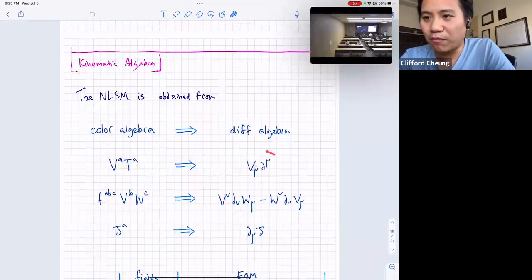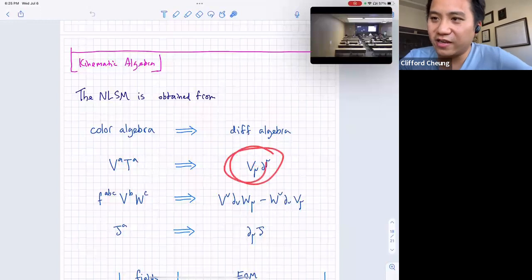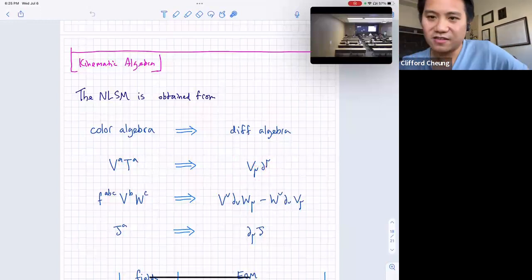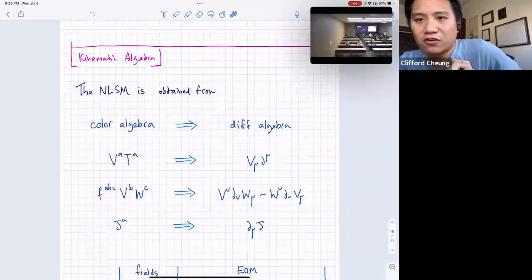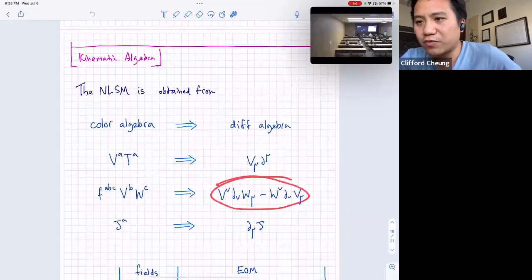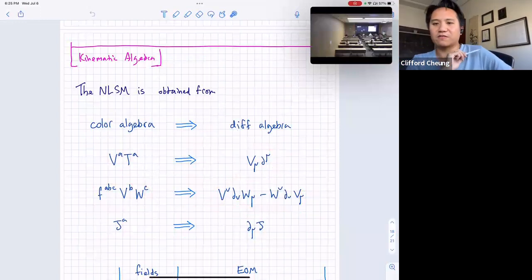In other words, you replace this with the notion of a vector, in terms of the Lie bracket. The structure constant that you get from a commutator of colored matrices becomes the diffeomorphism algebra's structure constant, which is literally this. If you take this and another one and commute them, you famously get the Lie bracket, which is just this commutator.